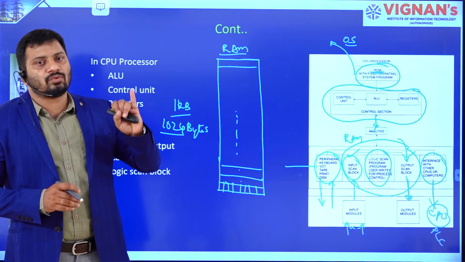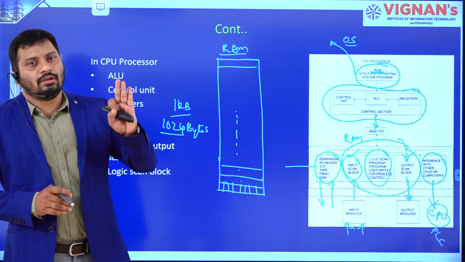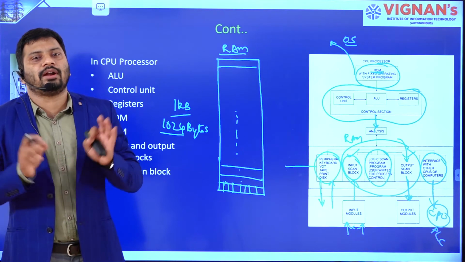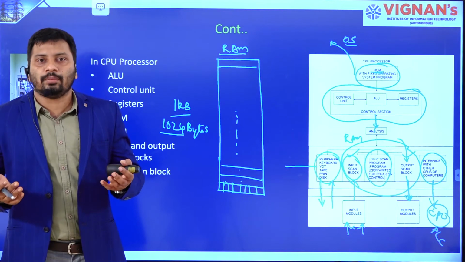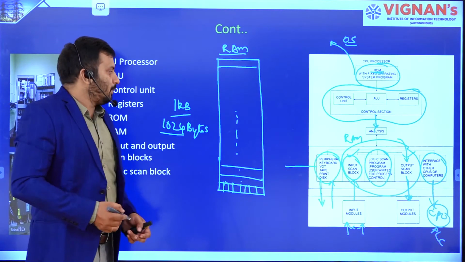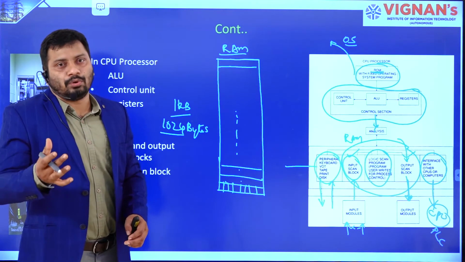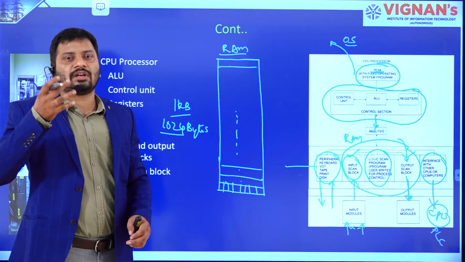So the three things are input data, program, and output data, right? These are all stored internally in the RAM only. Input data and output data become user data, and the program becomes the user program, because you are the one writing the program. Input data is whatever you get from the input sensor to the PLC.